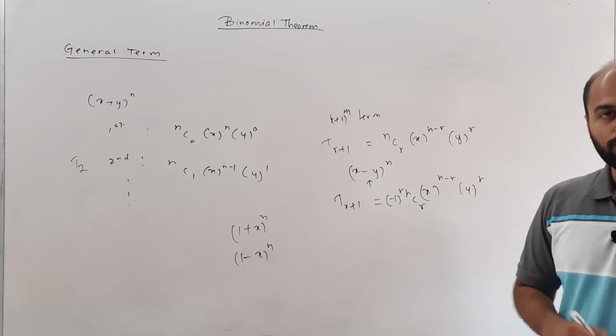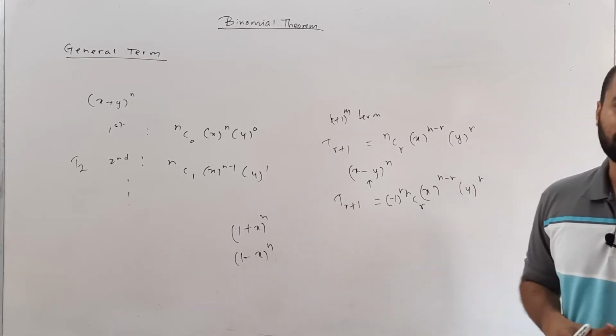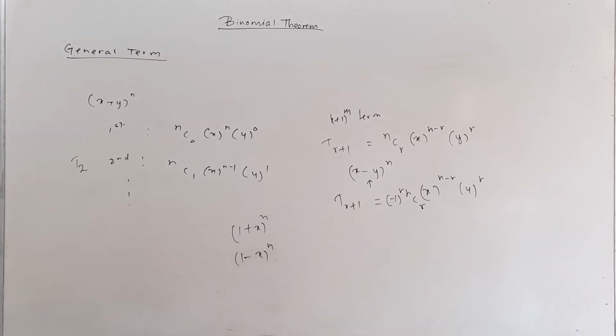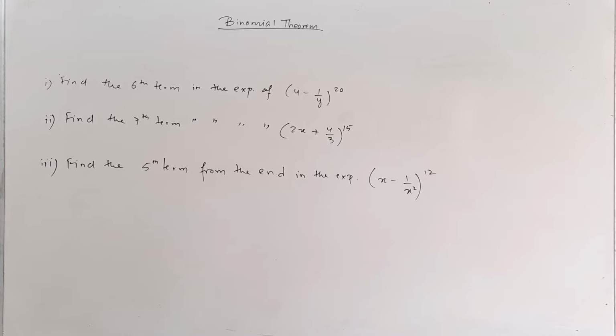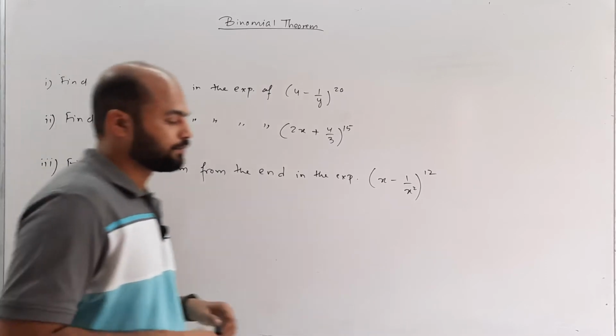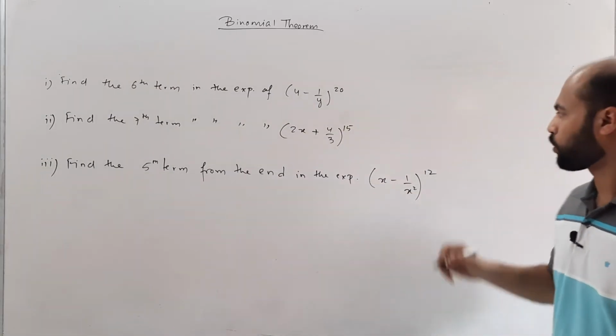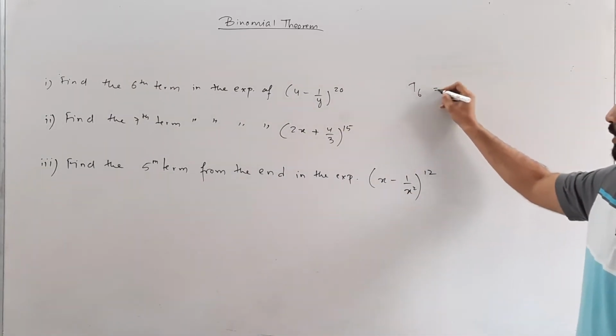Now we will take some actual problems and see how to apply this concept. So here are some problems. We have to find the sixth term in the expansion of (y - 1/y)^20. If it's the sixth term that we are talking about, that means T6 is under consideration.